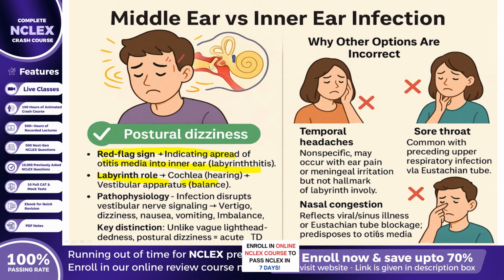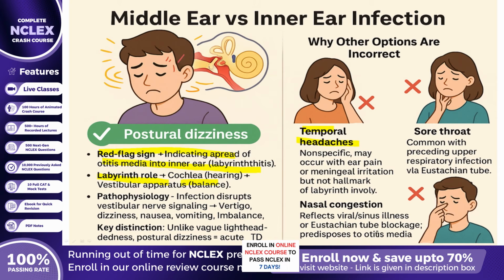Looking at the incorrect options, first consider option 1, temporal headaches. While headaches may occur in otitis media due to referred pain, they are nonspecific. A temporal headache could also suggest meningeal irritation if the infection spreads intracranially, but this is not the hallmark feature of inner ear involvement.